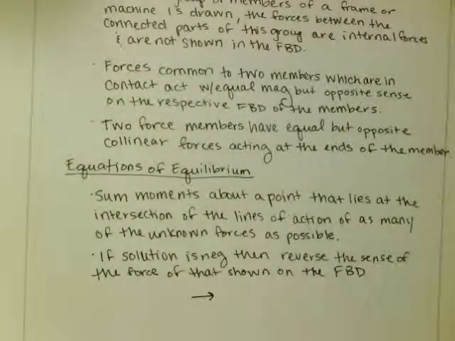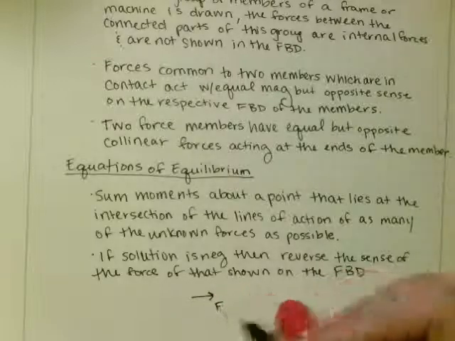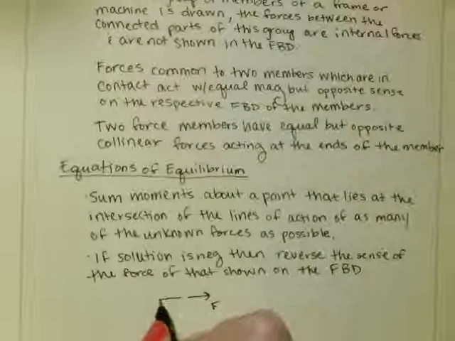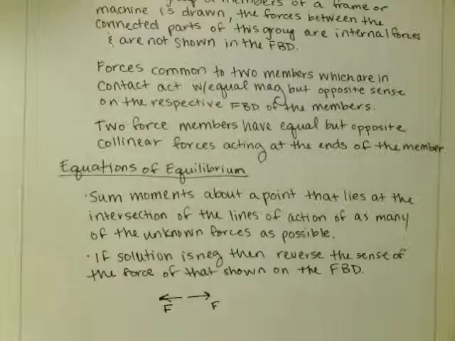So if you have a force shown on your FBD like this, and then you find that it's negative, the magnitude, then in reality, the force is actually like that.